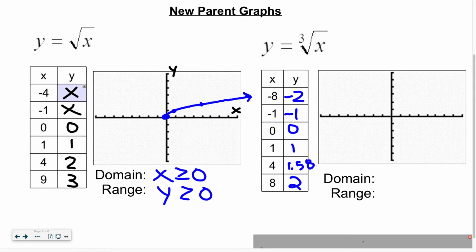Is that what you got? Did you get a cube root? Oh, you have to hit math, right? And then it should be on your list. See if you agree with that 1.58 for me.